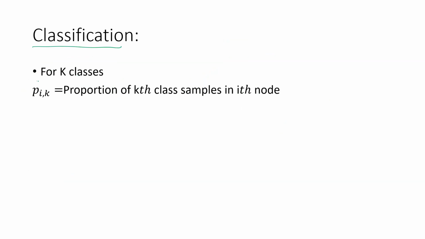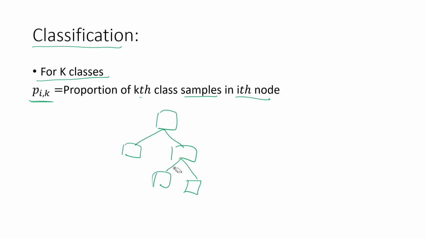For classification, assume there are k classes. Here we define p_ik, which is the proportion of kth class examples in the ith node. Let's say this is your ith node, and take just one split here. Say there are 100 examples, 50 belong to class 1 and 50 belong to class 2.